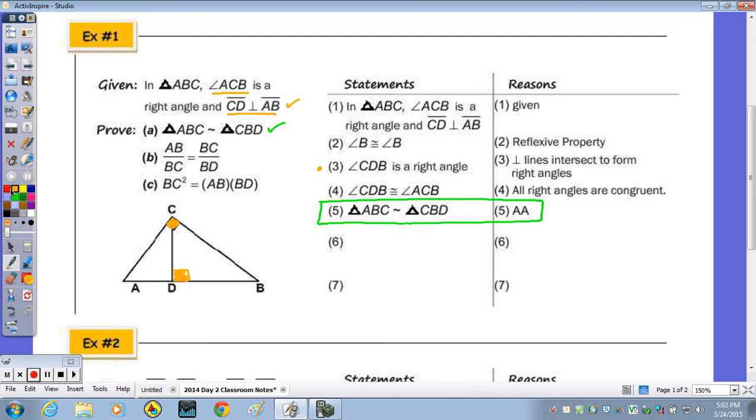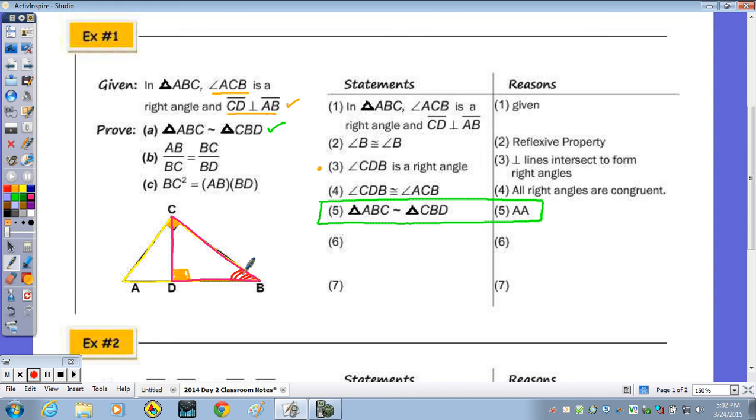Step number 2 has angle B reflexive, congruent to itself, because we're looking at triangle ABC, which, if I take the highlighter, is this larger triangle. And then we want to state, again, that it's similar to triangle CBD.